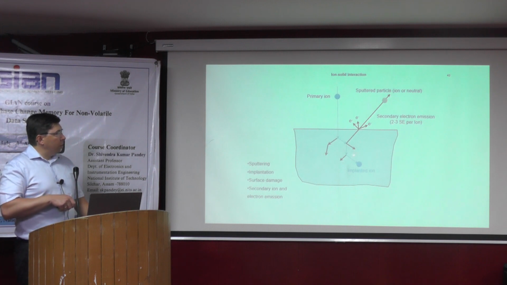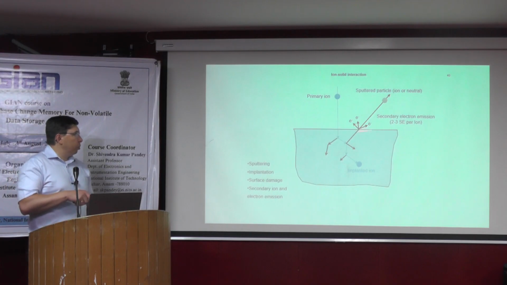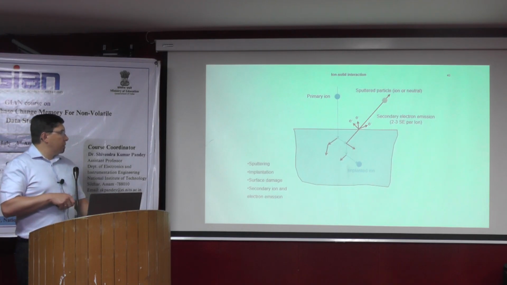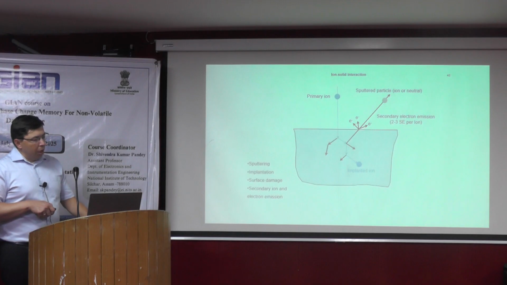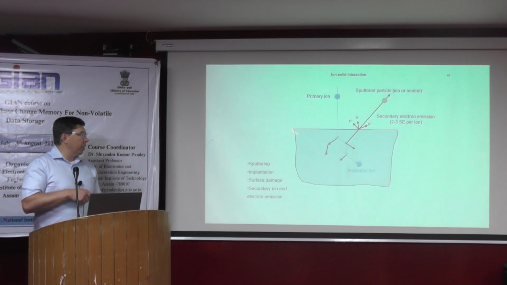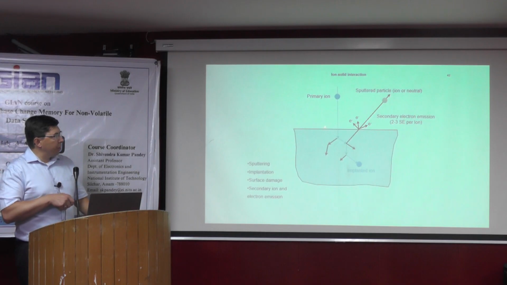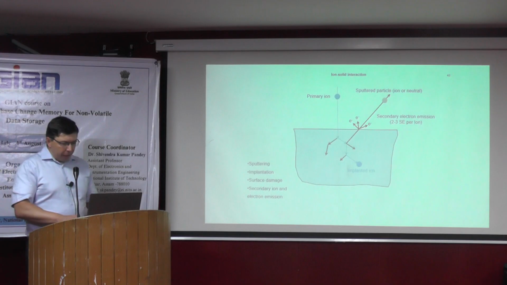We can have implanted ions, and we can also produce some surface damage. And sputtering is the base idea, that we can sputter the material from the surface. First we amorphize the surface, and then this amorphized layer will be sputtered away.